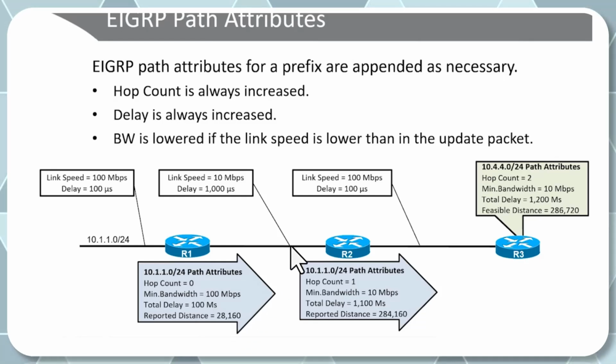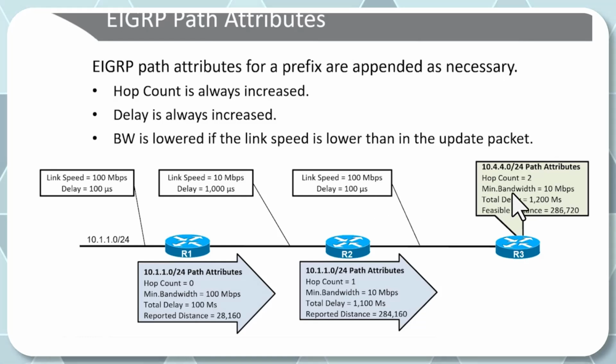Now we are coming to this link. As you can see, the bandwidth is decreasing, so in the new packet, instead of 100 Mbps, it will be 10 Mbps. And delay is 1000 here. Now 1000 and 100 will be added and you will get 1100. Then again RD is calculated and this is the RD. Then it moves forward. Again here the link is 100 Mbps, with a delay in microseconds.